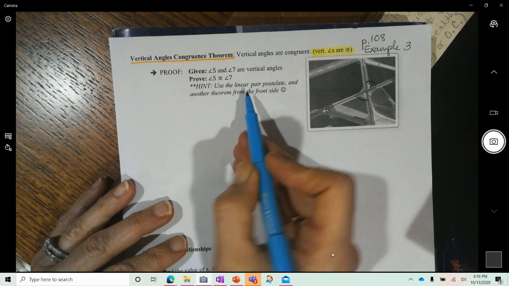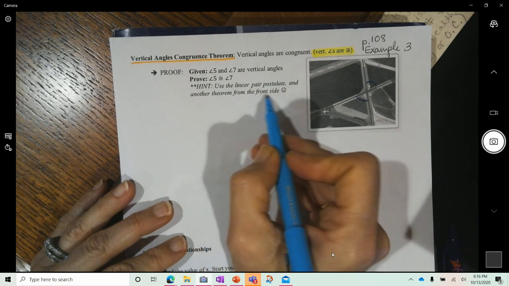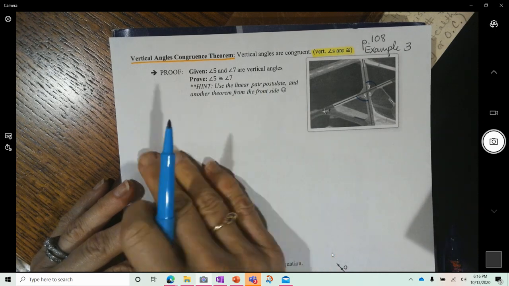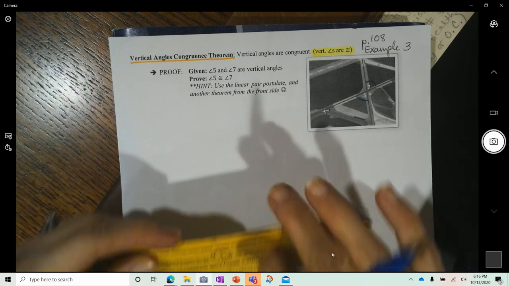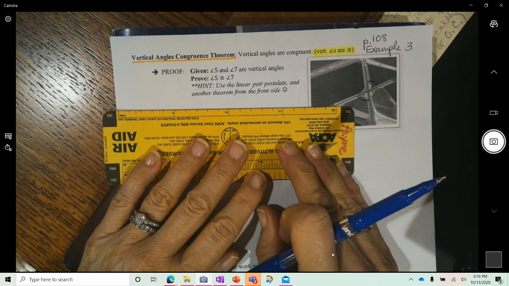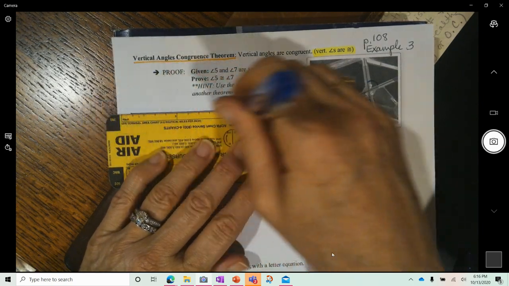We're going to use the linear pair postulate from the previous page and something else from the front side. So I'm just going to go ahead and write it out, and you'll see how it works to use another one. Normally, like I've been doing, I would just sort of sketch out how I want this to happen.